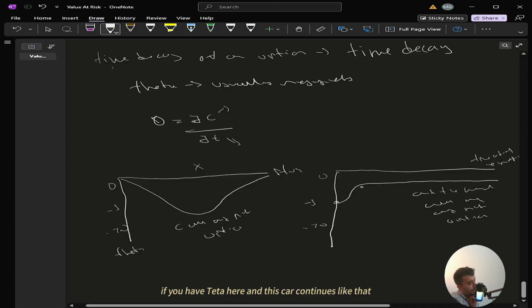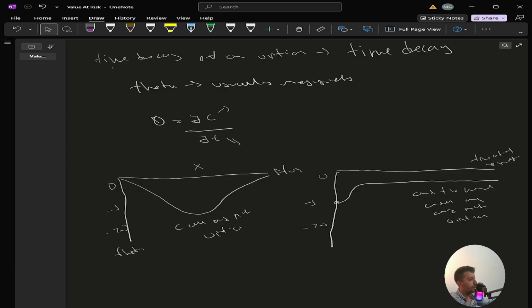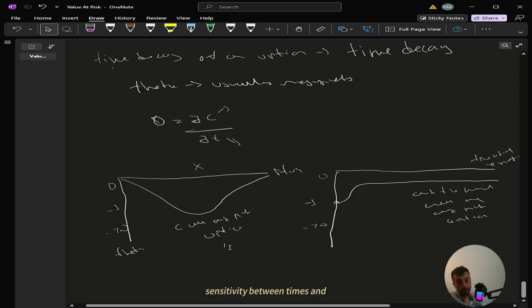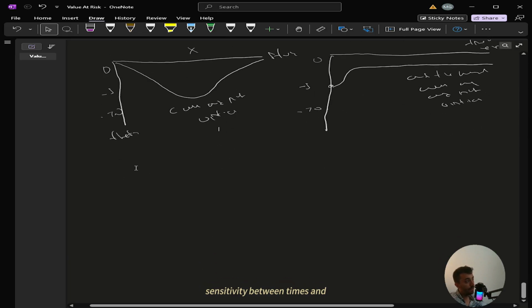If we have theta here and this curve continues like that, this is at the money, guys. Theta is really basic in the Greeks, really easy to understand: a measurement of the sensitivity between time and stock price.